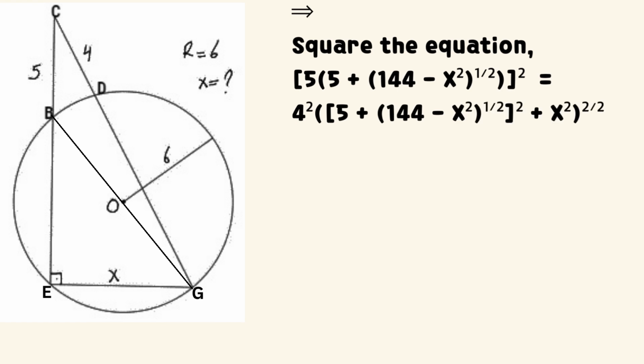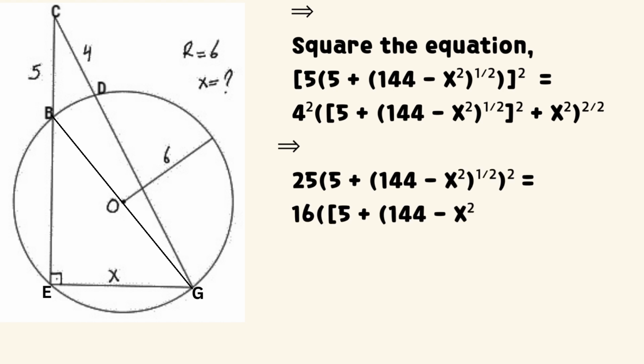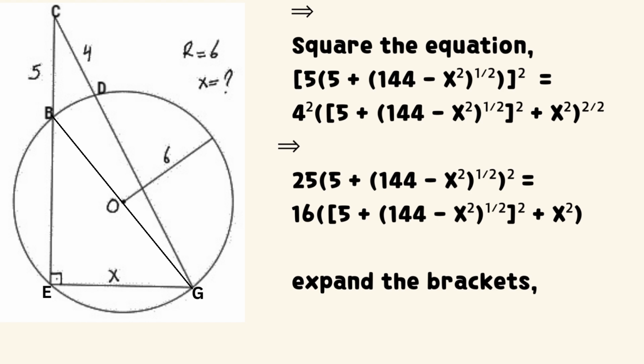Square the equation as shown on the screen. This implies that the product of 25 and the square of the sum of 5 and the square root of 144 minus the square of x equals the product of 16 and the sum of 5, the square root of 144 minus the square of x, and the square of x.